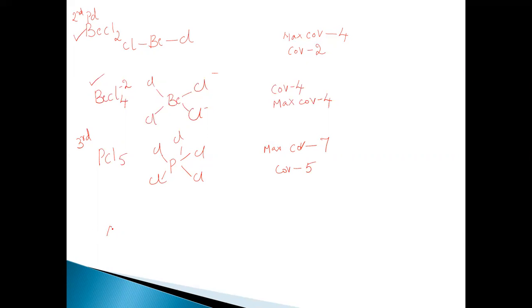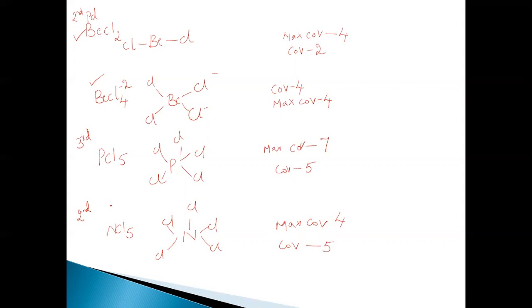But when you take the example of NCl5, nitrogen is again a second period element, right? So according to this, the maximum covalency we can expect is only 4. But in this particular compound, it is 5.